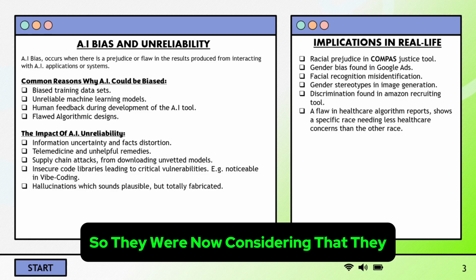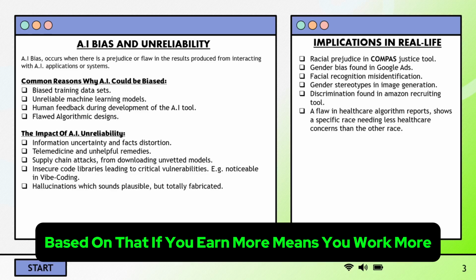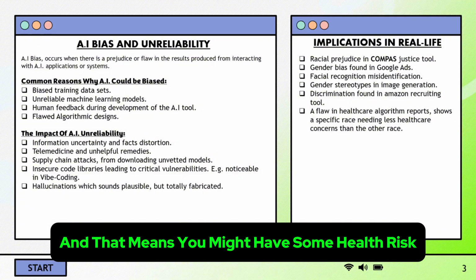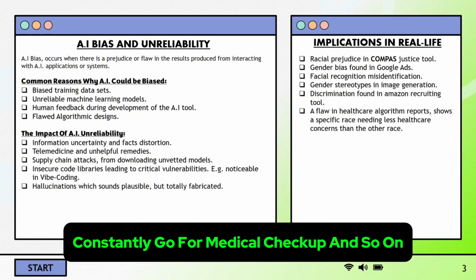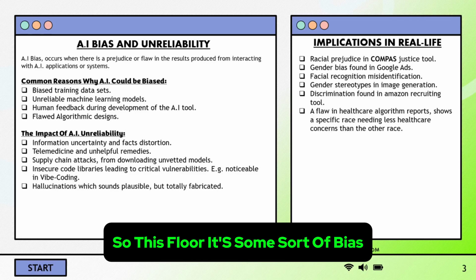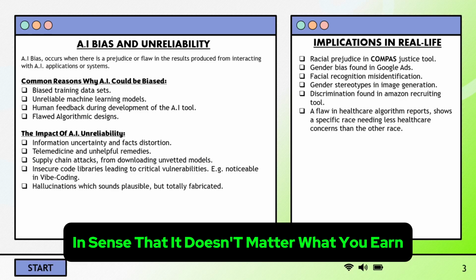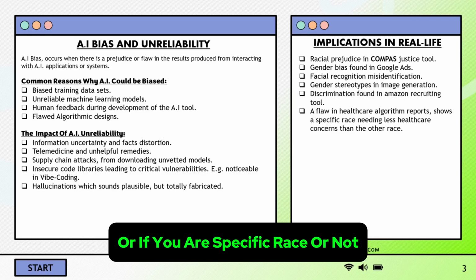So they were now considering that if you earn more, it means you work more, and that means you might have some health risks that require you to constantly go for medical checkups and so on. This flaw is some sort of bias, in the sense that it doesn't matter what you earn or whether you are a specific race or not.